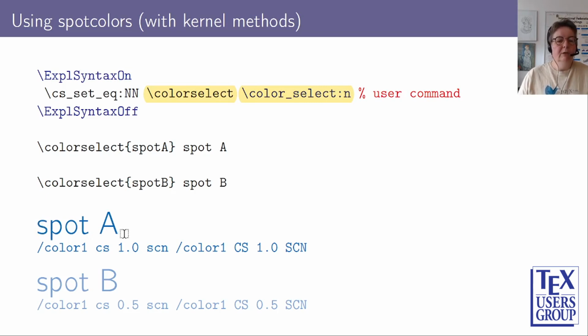Spot A is a bit darker as it has a higher ink tint, and here we see what is in the PDF. You can see that our color model has been selected with the value 1, and the second color is a bit lighter, and it also used our color model but with 0.5 as value.